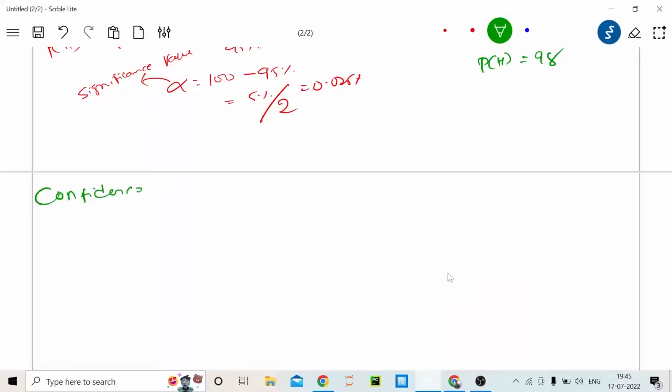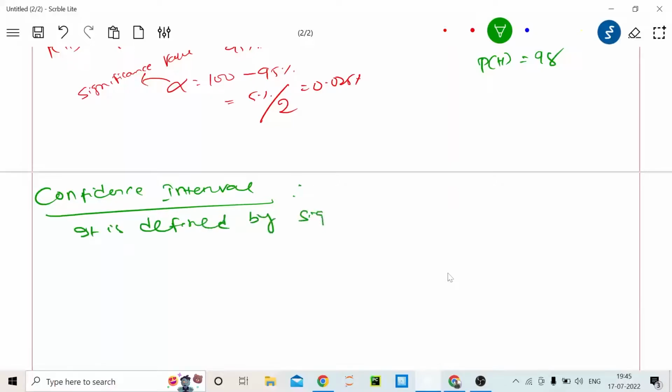Confidence interval is defined as significance value. Here the significance value will be given.